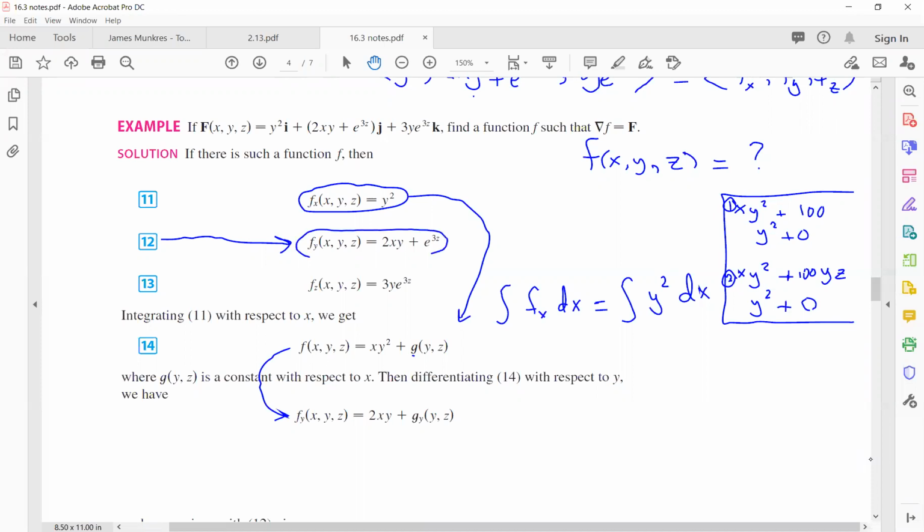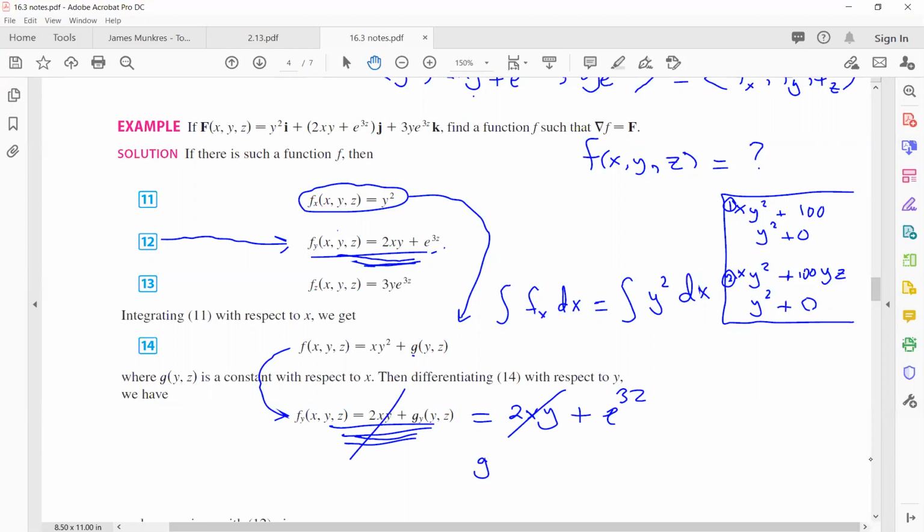It means that you can set these two equal to each other. They must be equal to each other. So 2xy plus the partial derivative of g with respect to y is equal to 2xy plus e to 3z. So of course you can subtract 2xy from both sides. You can cancel out these two. Gy, the partial derivative of g with respect to y, is equal to e to 3z.